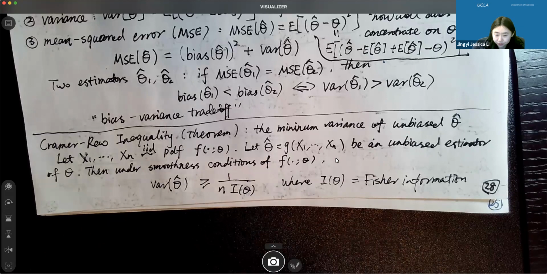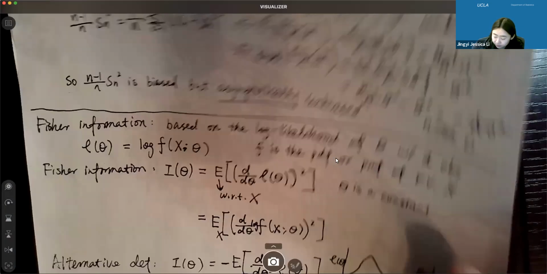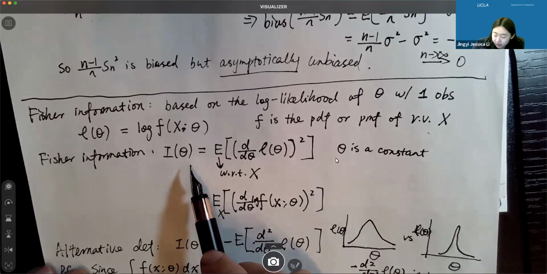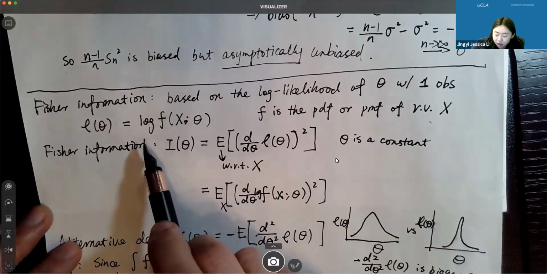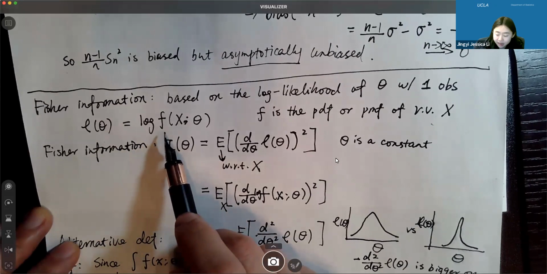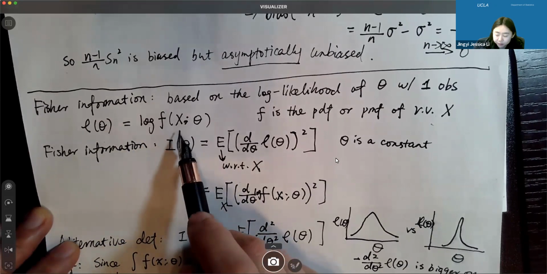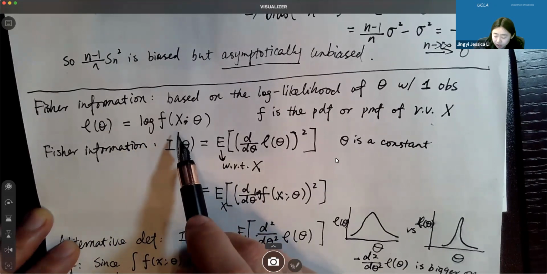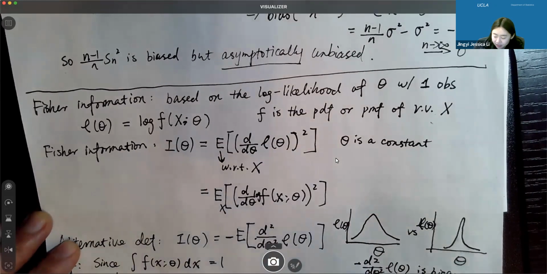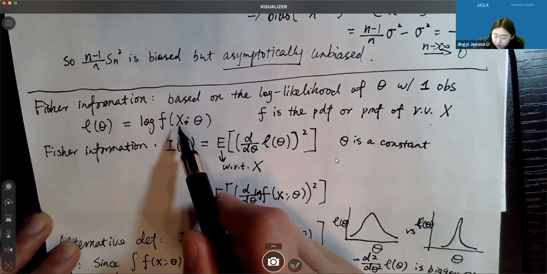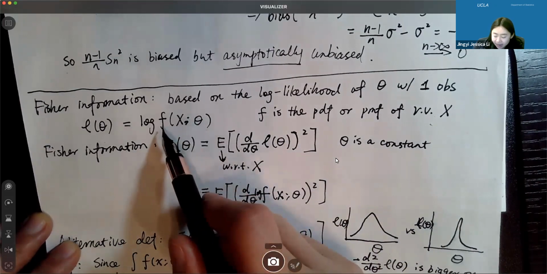So what is the Fisher information? We defined it here. It's defined based on the log density function and one random variable x from the distribution f. This random variable x follows the distribution that has density function small f.